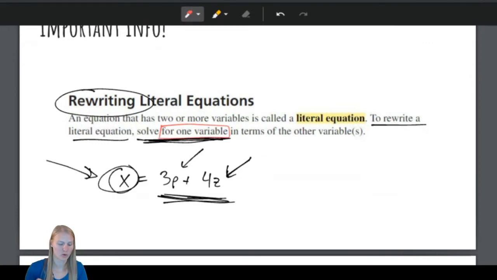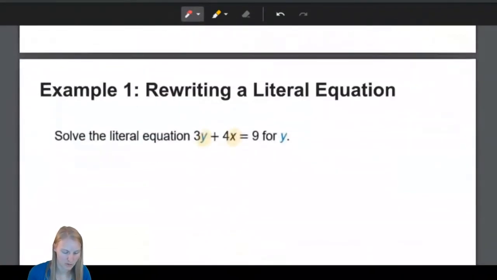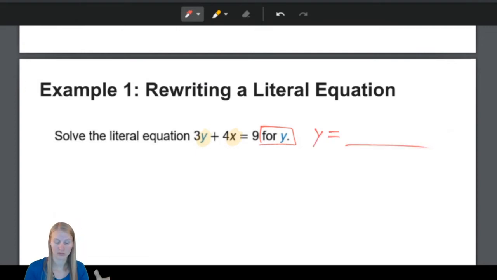Which variable? Well, it will tell you. This problem says for y. If we are solving for y, this means that we want y equals blah, blah, blah, whatever. So y is what we are trying to get by itself. Y needs to be all by itself.